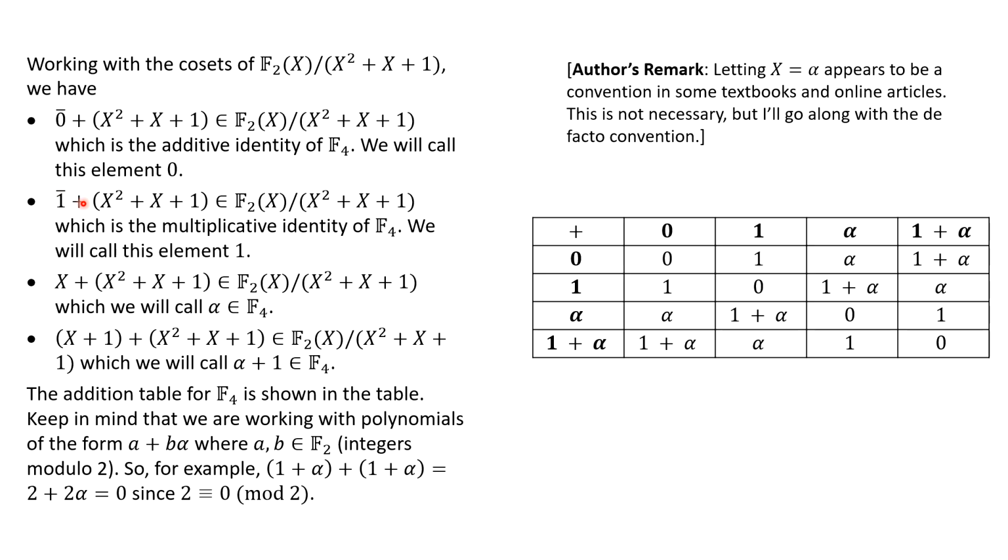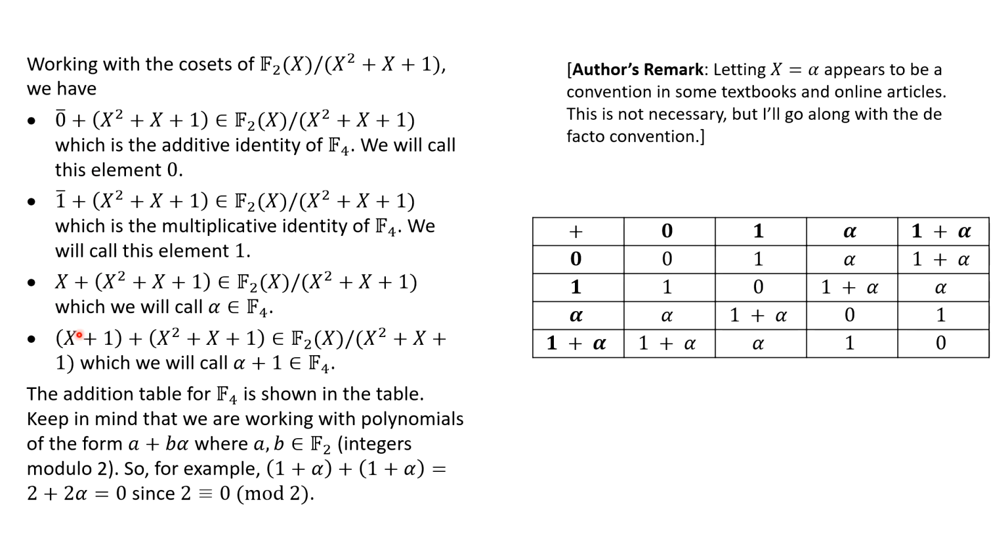And then there's 1 plus this irreducible polynomial, and that's the remainder when you divide by this. So you get another coset, and that's the multiplicative identity. And then you get 2 more. You get x and x plus 1.